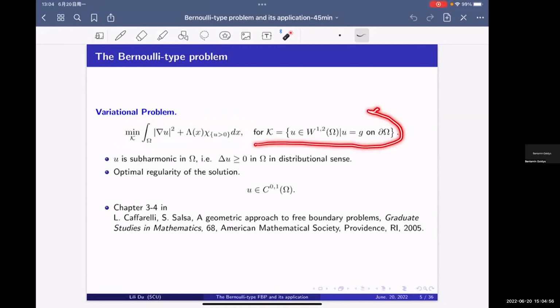And so we can seek a minimizer of this functional and show the Lipschitz regularity of the solution. And we can show that u is subharmonic in the bounded domain omega in the distributional sense. We would like to refer to the book by Luis Caffarelli and Salsa for the details.